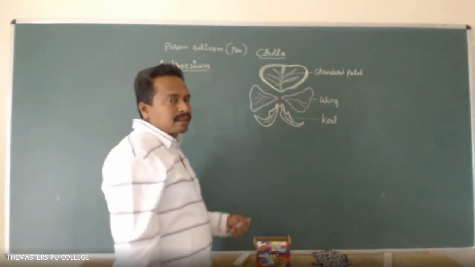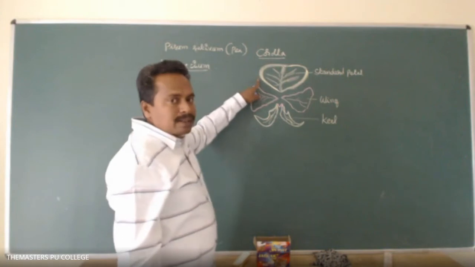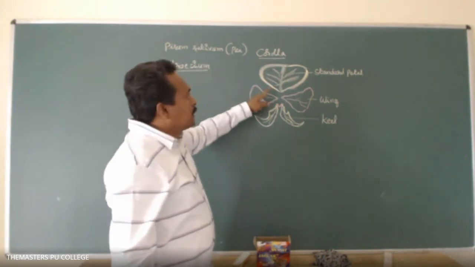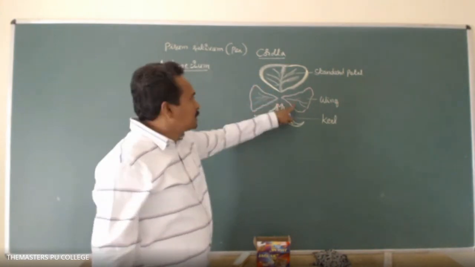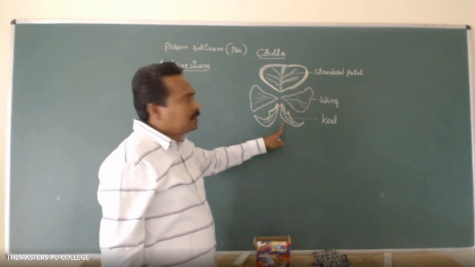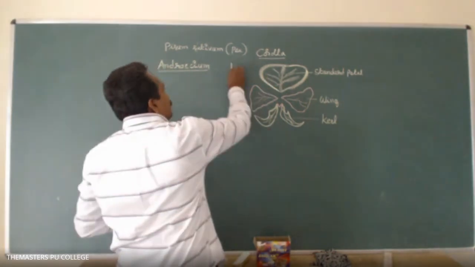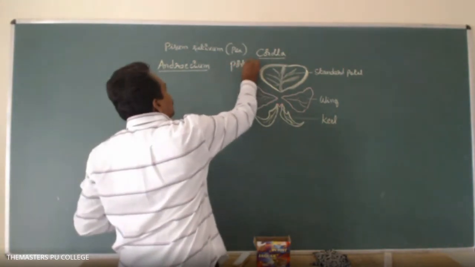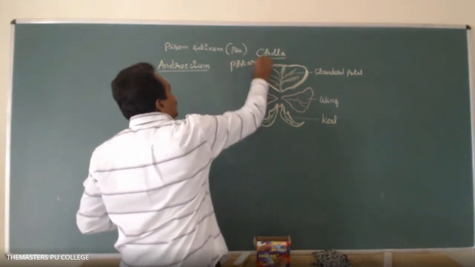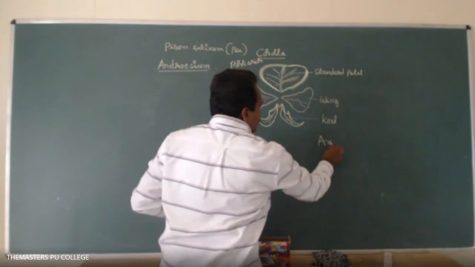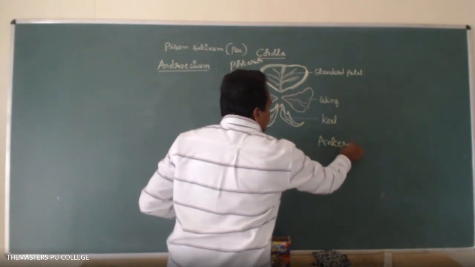How many petals are there in corolla? Five petals are there. One is the standard petal, two wing petals, and two keel petals. The standard petal is located towards which direction? Posterior. Keel petals towards the anterior side.